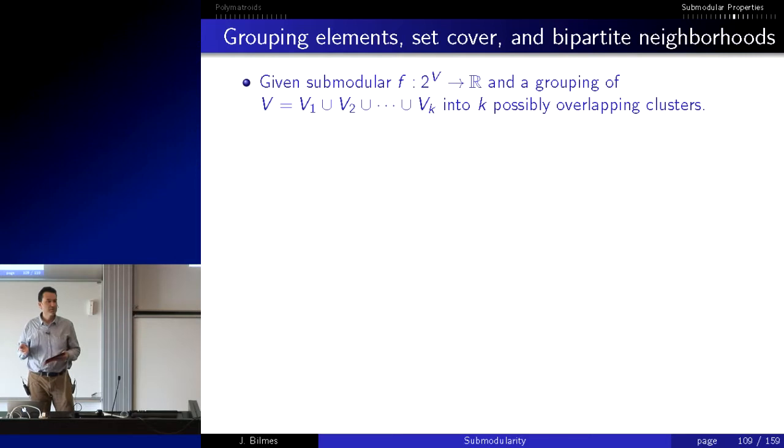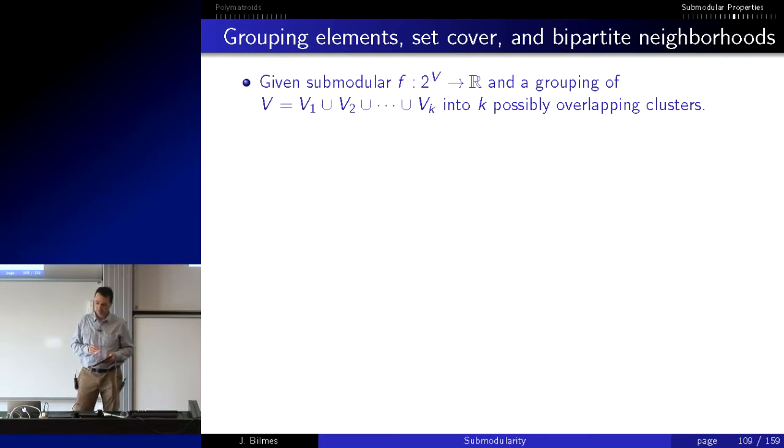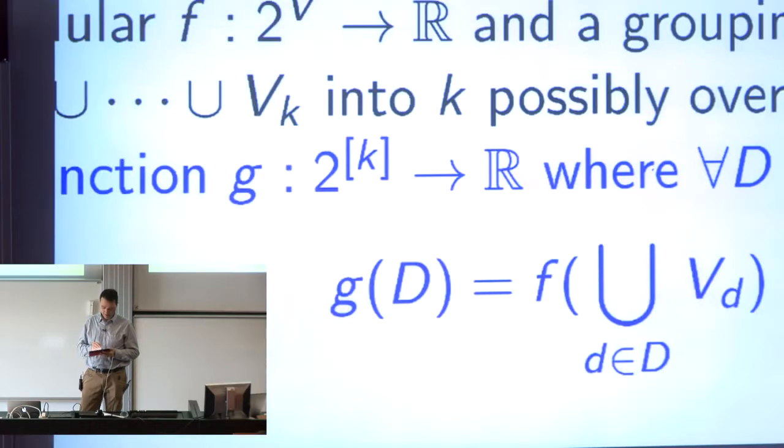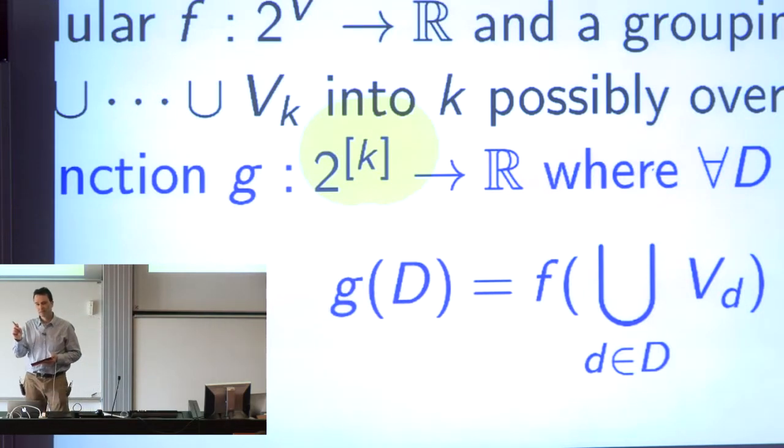One way of doing this is with a set cover-like mapping, or sometimes what's called a bipartite mapping. The idea is to take a ground set and break it into k, in this case, possibly overlapping subsets. And we define a new index set. This notation here, in case you're not familiar with it, k in the square brackets is the set of integers from 1 to k.